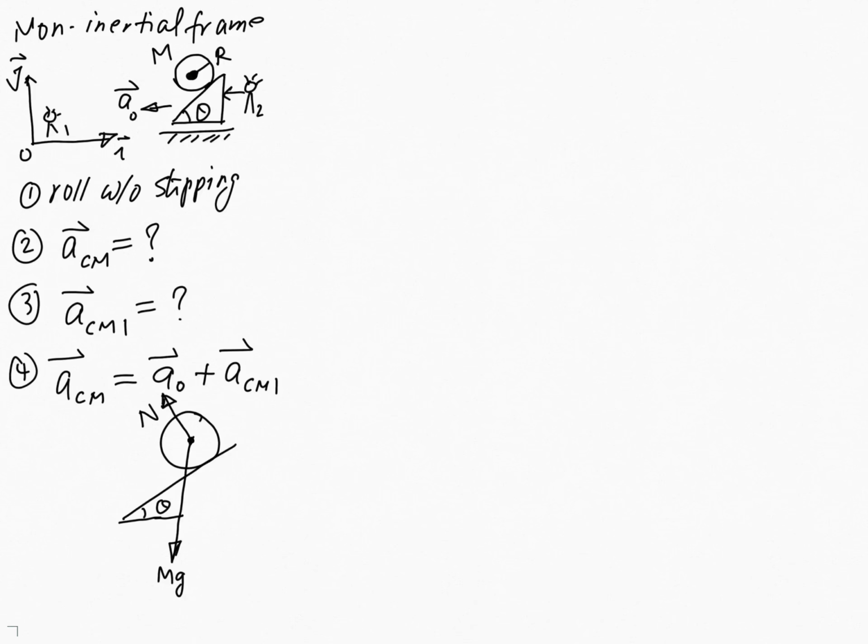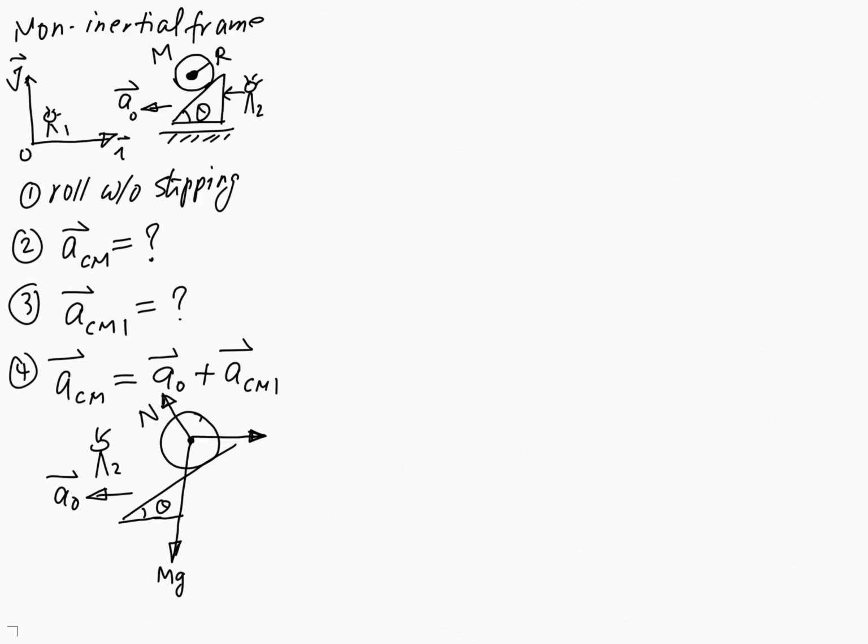Additionally, since the slanted surface or the box is moving to the left, observer 2, who travels along with this accelerating frame, will see an opposite force.